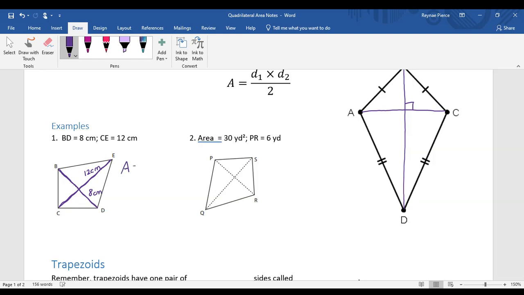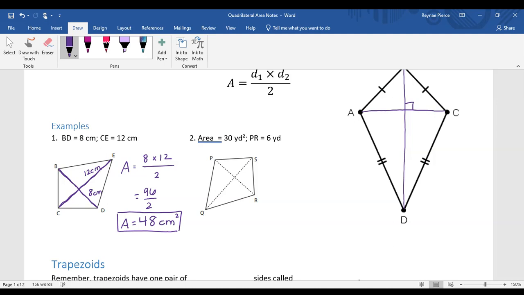So area is one diagonal times another diagonal divided by 2. Okay, 8 times 12 is 96, and 96 divided by 2 is 48. It's important to know that area is also in units squared. So your final answer would be 48 centimeters squared.